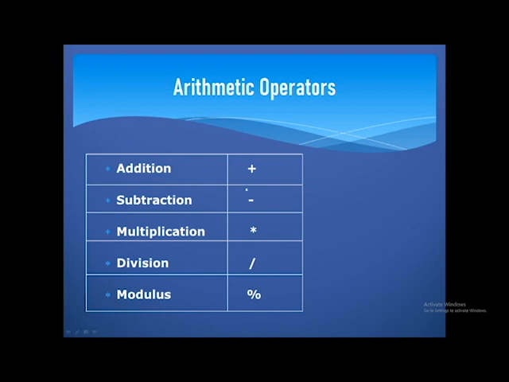Addition adds two numbers, subtraction subtracts two numbers, multiplication. The difference between division and modulus is that division will display only the quotient, modulus will display only the remainder. It is otherwise called the remainder operator.